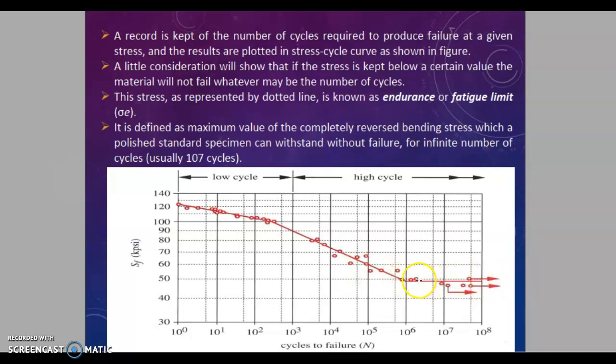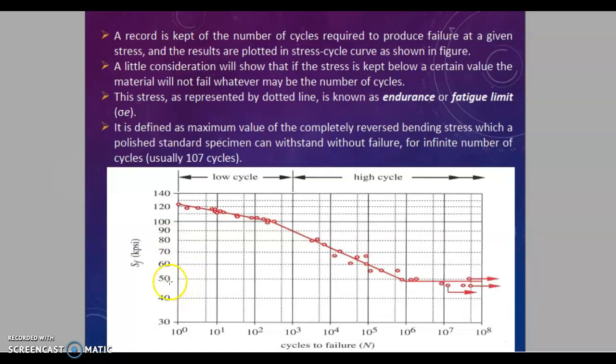After 10 raised to 6 cycles, the curve will be almost a straight line. Means even with some load, the material will not fail due to fluctuating stress. But in practical conditions, it will not happen. But in the theoretical, mathematical drawing of the graph, this is considered. And in some materials, this can happen.